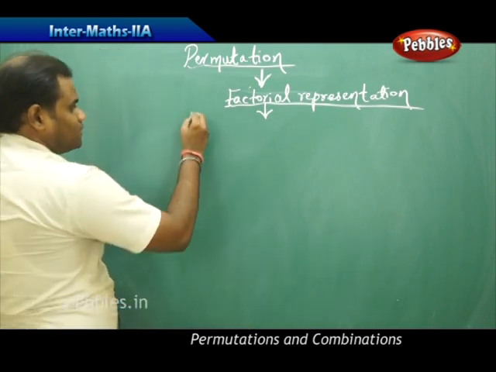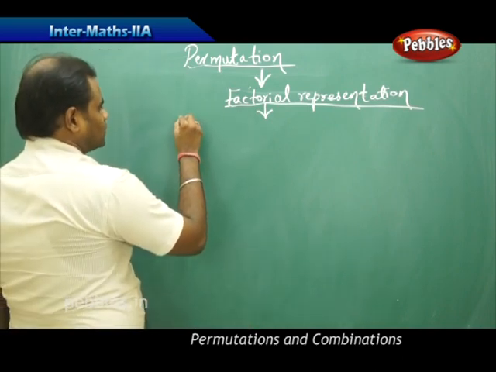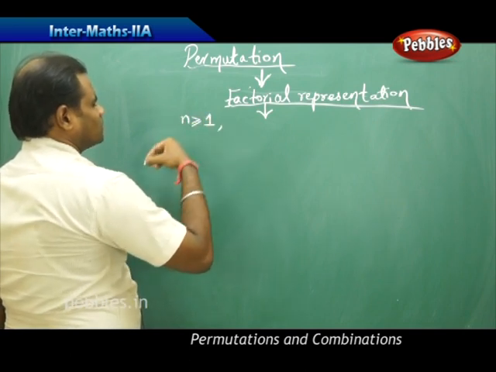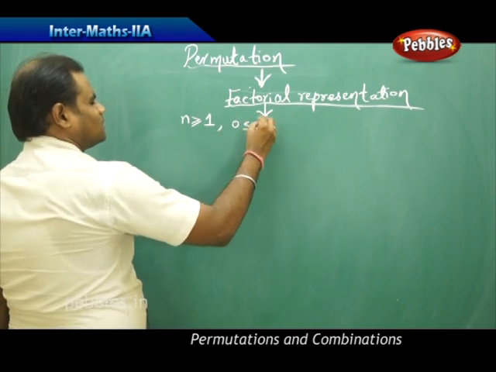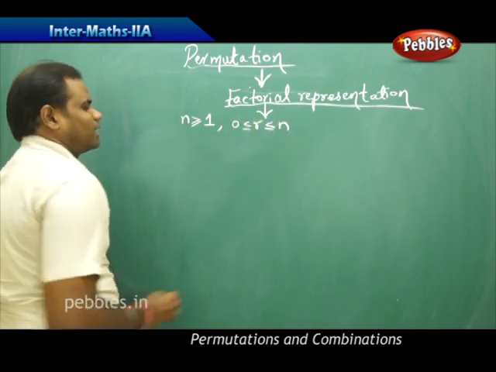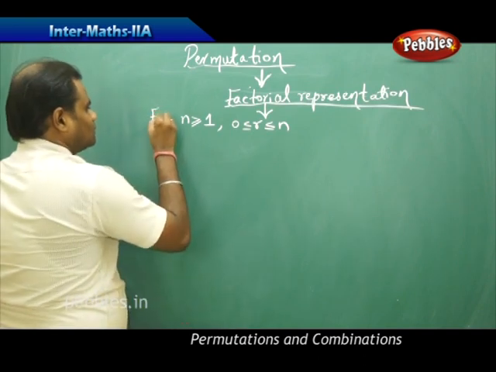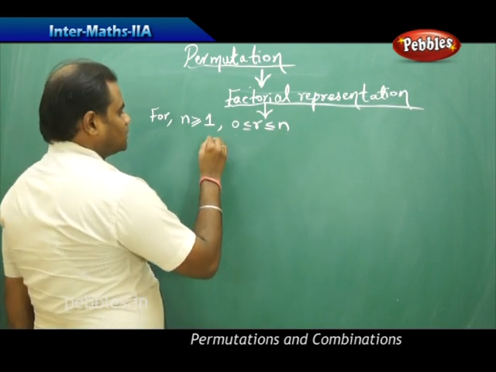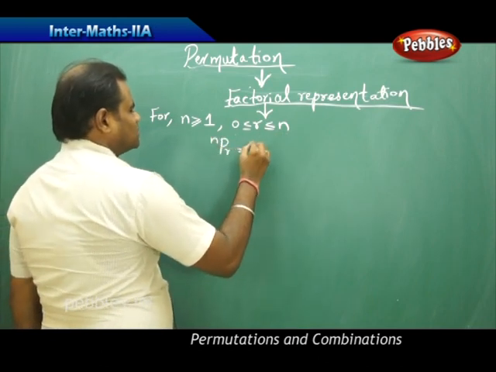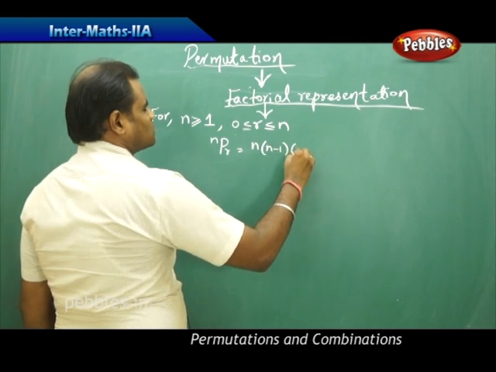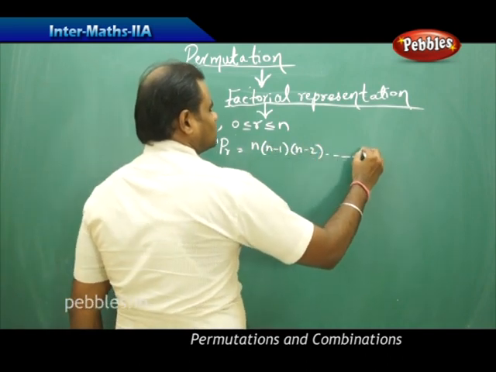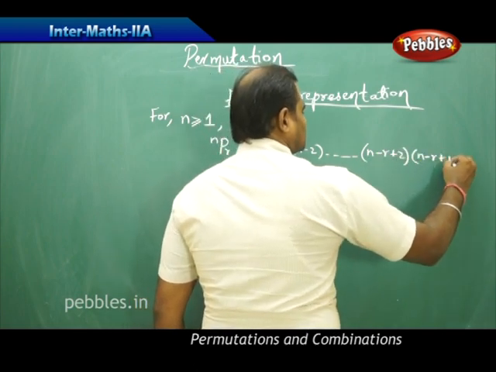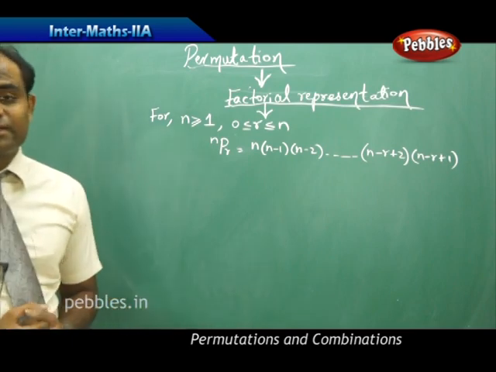Redefining the definition of nPr, we know that n is greater than or equal to 1 because n belongs to Z plus, and r lies between 0 and n, such that for n greater than or equal to 1 and r between 0 and n inclusive, I have nPr, which is n times n minus 1, n minus 2, up to n minus r plus 1, as the definition.